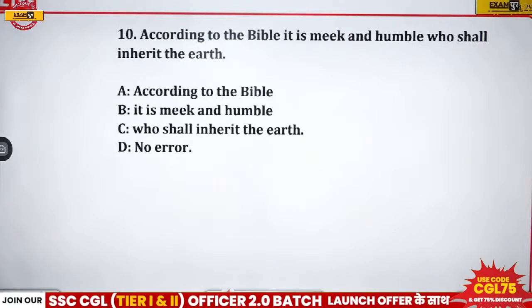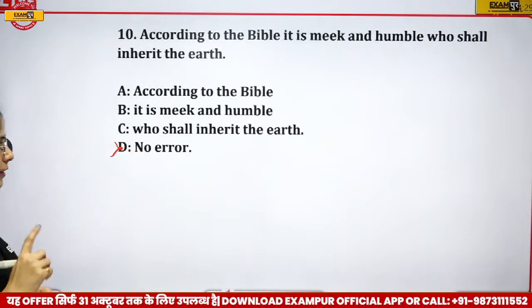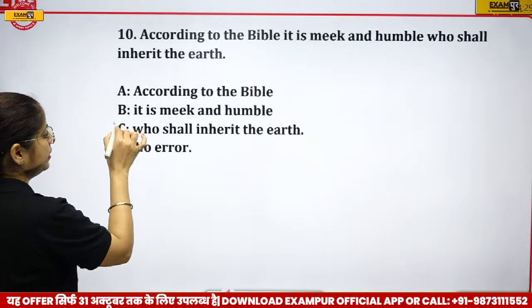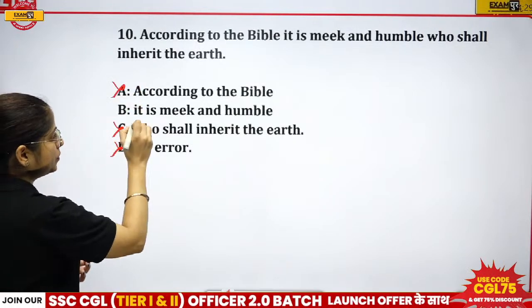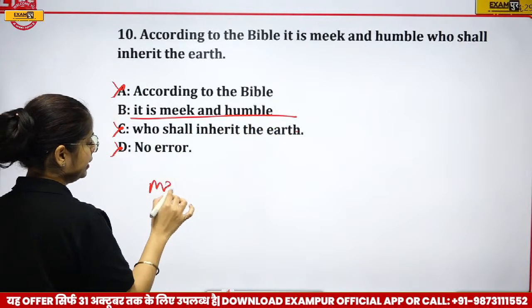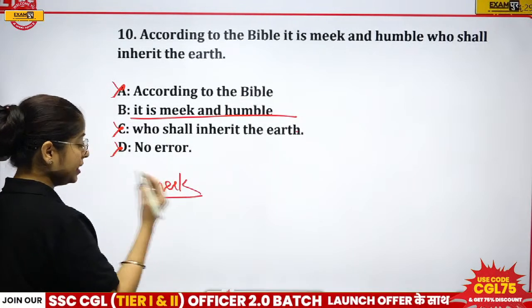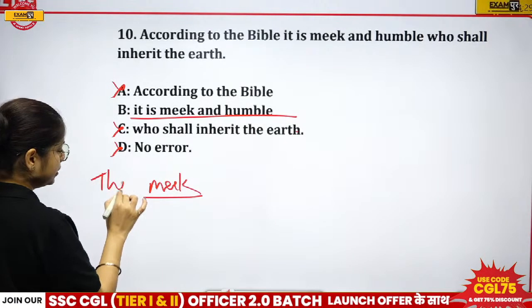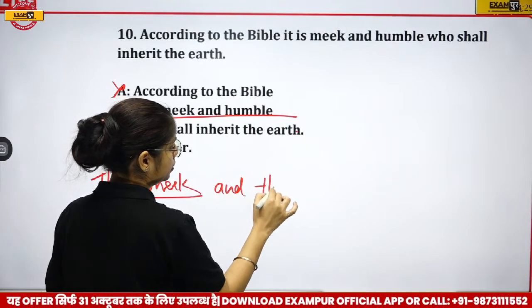There is the error, so you can't say D. There is the error, but that is not in C. And the error is not in A either. It is this one. Meek is basically an adjective. But here we are addressing meek as meek people. That means article the is needed. The meek and the humble.